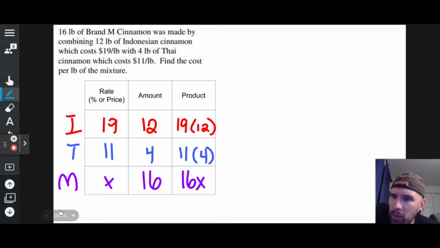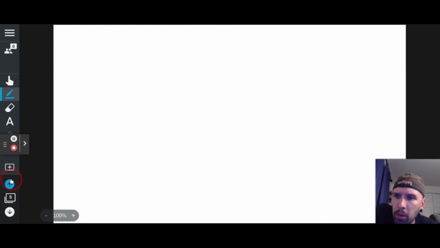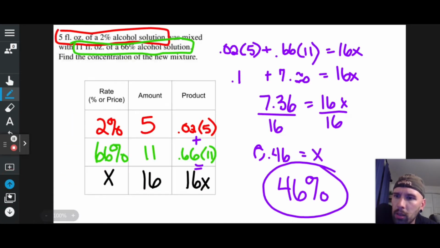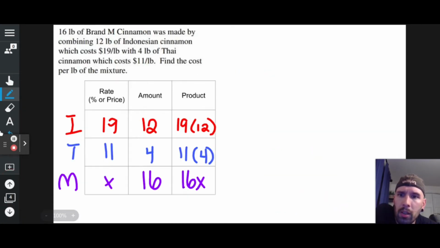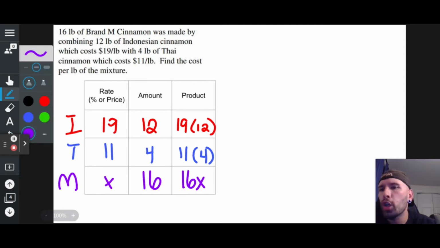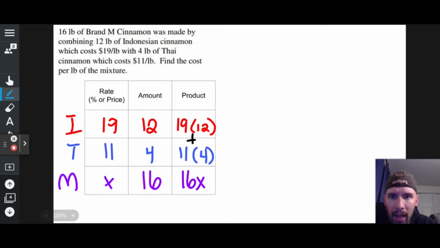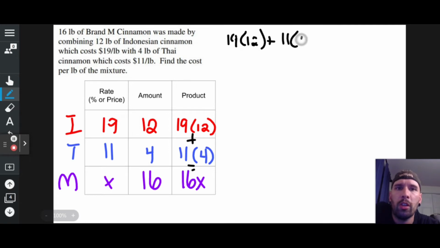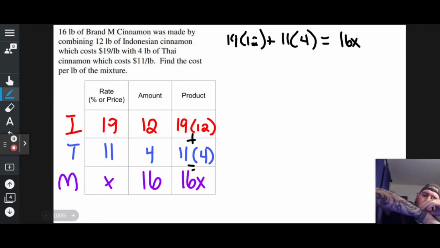Was the last one 16X? Oh, jump the gun. Yeah, look at that. Not very creative. So I take 19 times 12, add that to 11 times 4 to get 16x. So I have 19 times 12, which I don't know what that is. I'm going to add that to 11 times 4, which I do know what that is. 19 times 12.